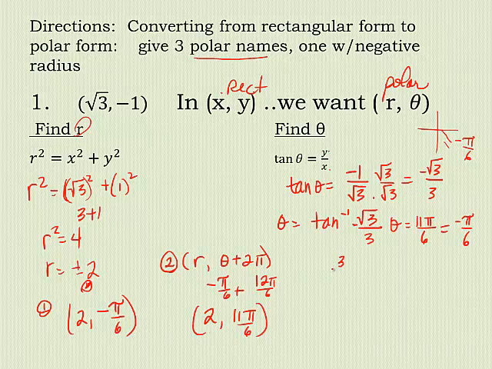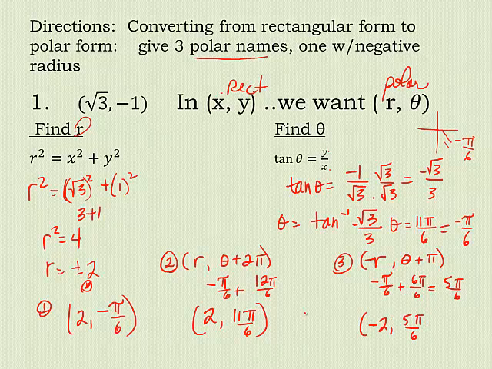For the third polar point, I'm going to take negative r, and then take theta and add a pi. If theta is negative pi over 6, and I add 6 pi over 6, that gives me 5 pi over 6. So that would be negative 2, and then 5 pi over 6. You're using the same principles we did a couple lessons back to find our new points.